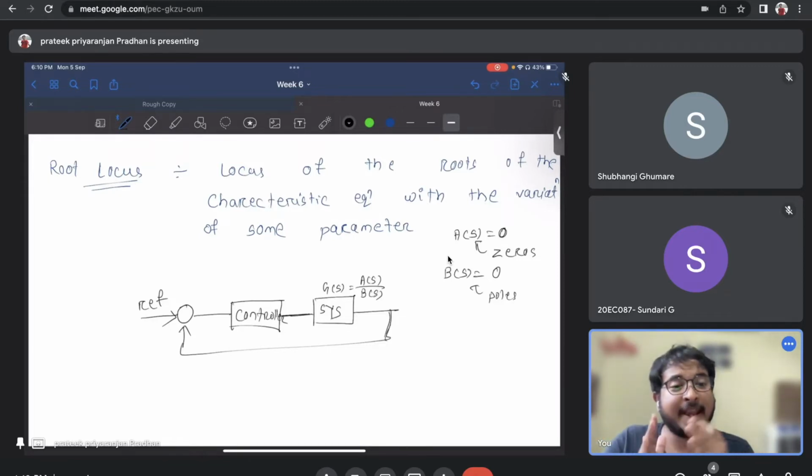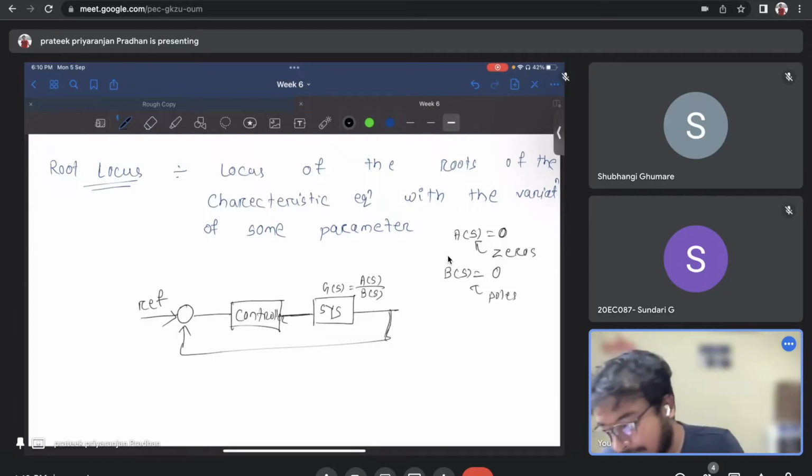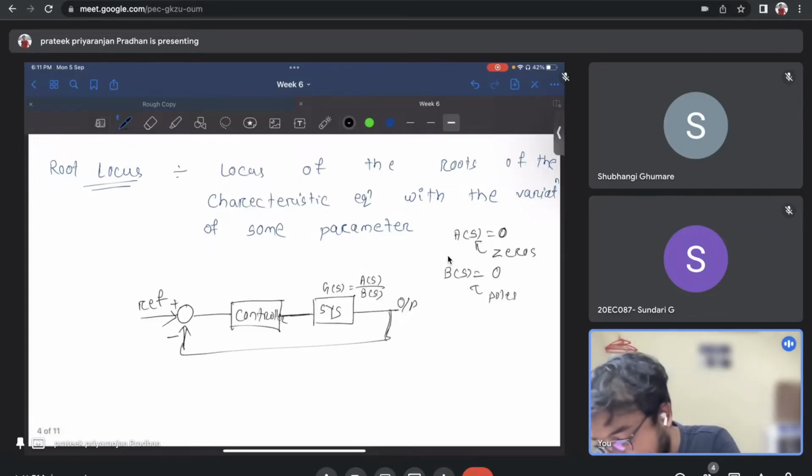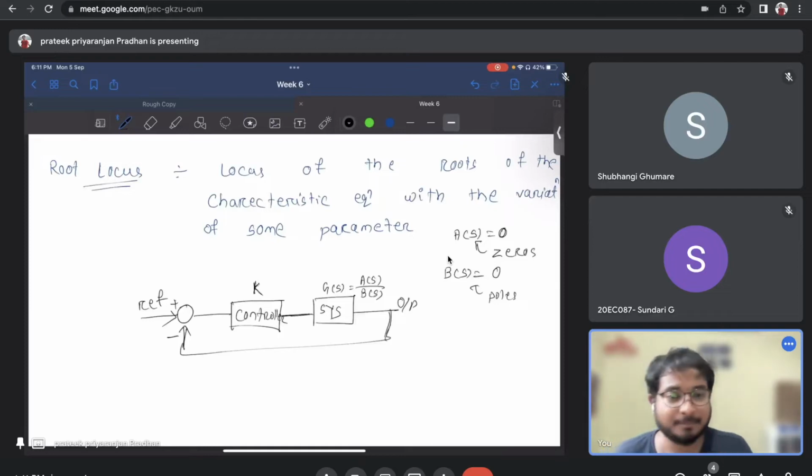I have given a few examples of why a controller is important and how it's useful for stability. So this is the controller, this is the output, and this is a negative feedback system. Let us assume my controller is simply a P controller or proportional controller, so it will have only K.